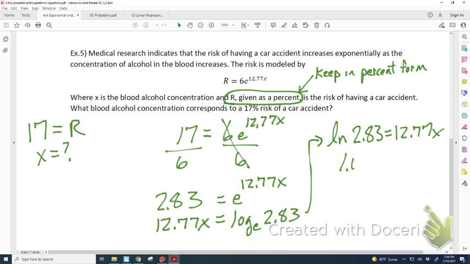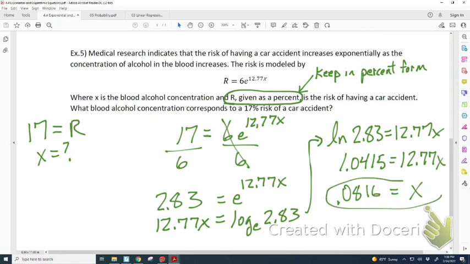And we get 1.0415. Lastly, we're going to divide by 12.77, and we get a blood alcohol concentration of 0.816. If you rounded differently, maybe you got 0.815.